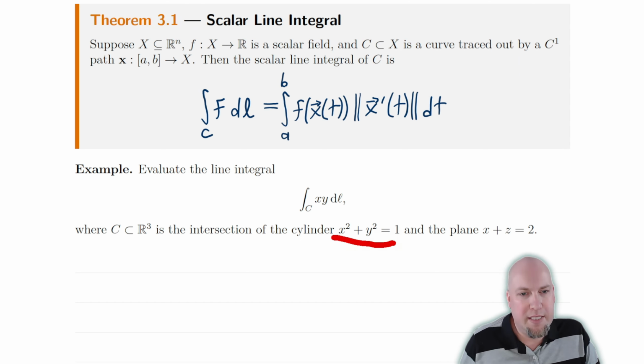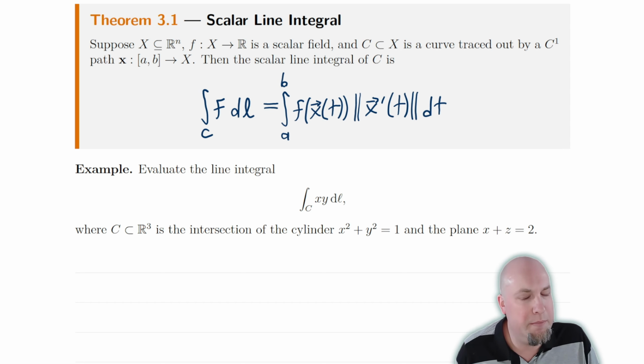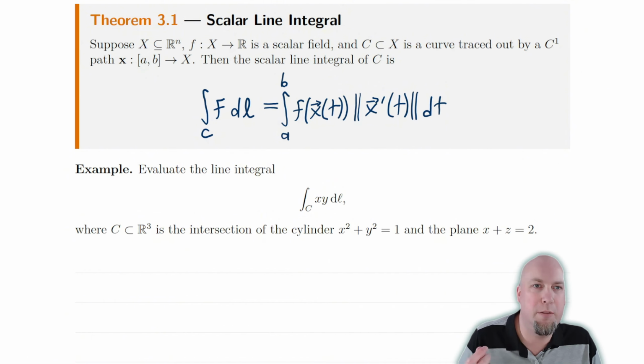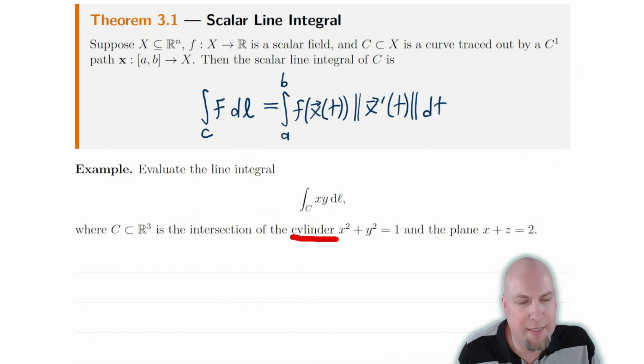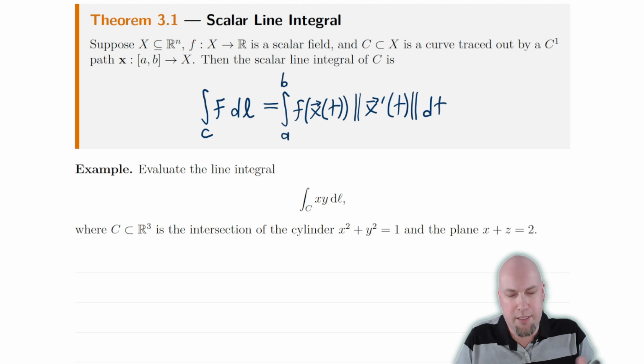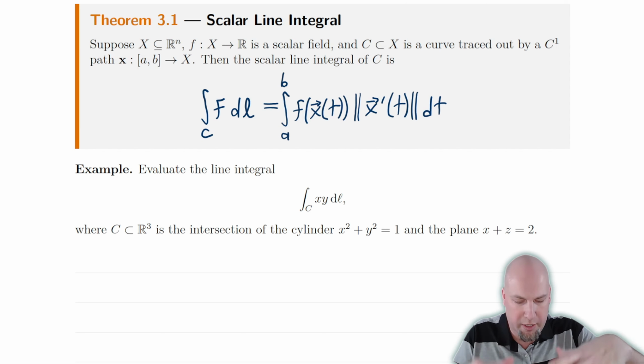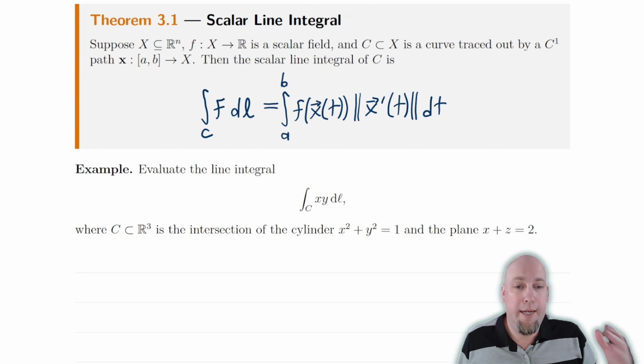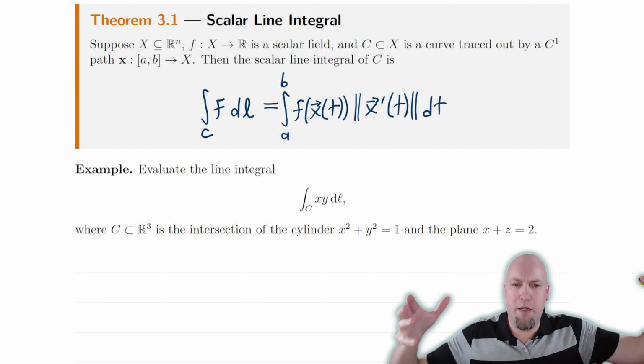Well, it's the intersection of two surfaces in three-dimensional space. The first surface is defined by this equation here, x squared plus y squared equals 1. And I've claimed that's a cylinder. Why is that a cylinder? Well, in R2, if there was no third variable z here, this equation would be the equation of a circle of radius 1, right? Now, if it's in R3, how do I interpret this?